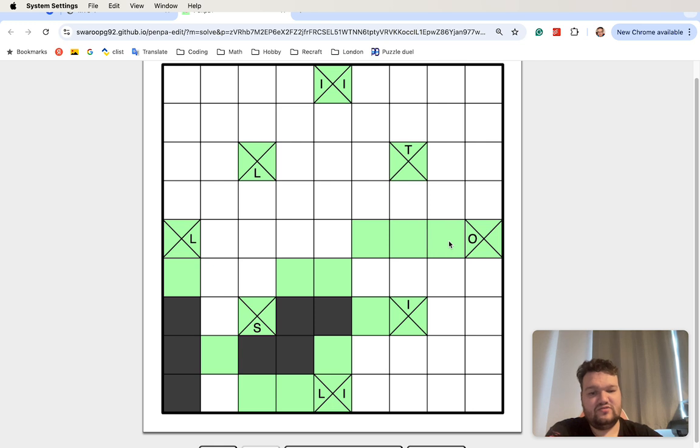Then I cannot have an O here, and now again I have 4 cells, which should be L, gap, O, and O takes at least 2 cells, so it's like this.